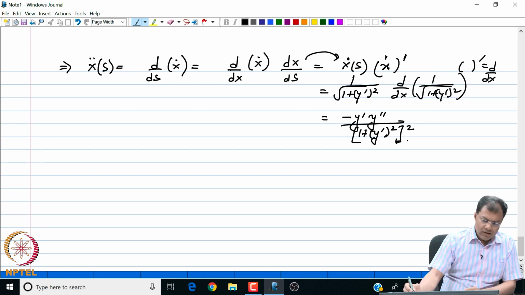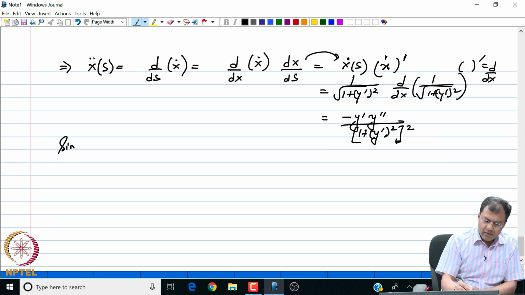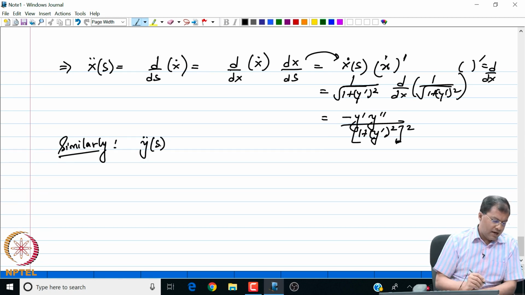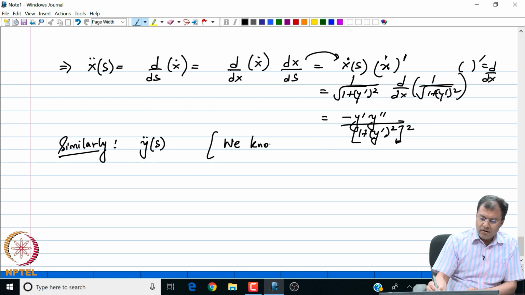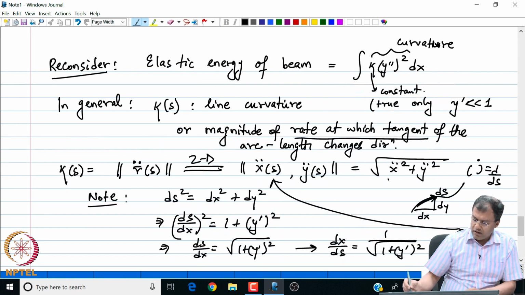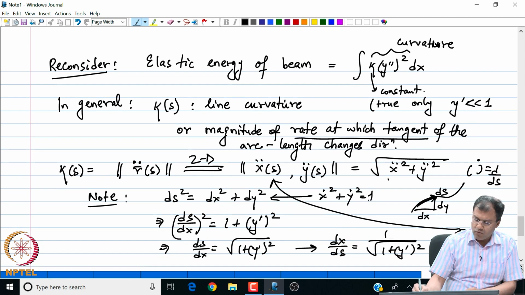Okay. So similarly I can find y double dot of s. How should we do that? We know the following relation: x dot square plus y dot square is equal to 1.